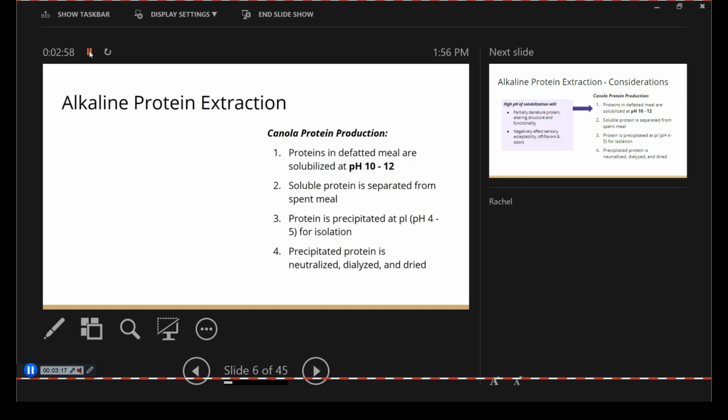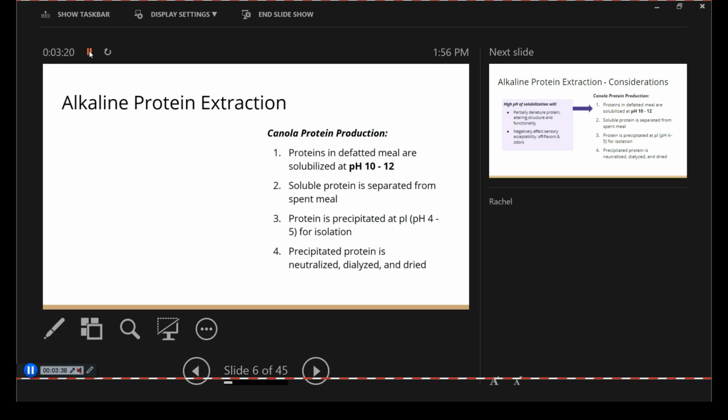In alkaline protein extraction, this is the most common one that's seen in the commercially produced, like soy protein isolate. And with soy protein, the proteins are solubilized at pH 7.5, whereas on the flip side, for canola, the proteins are soluble at more alkaline pHs from 10 to 12.